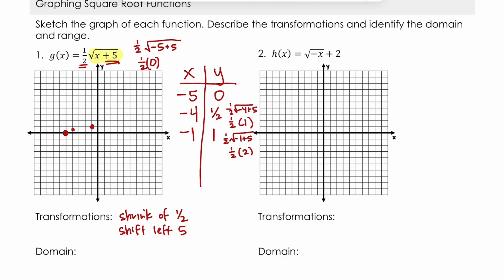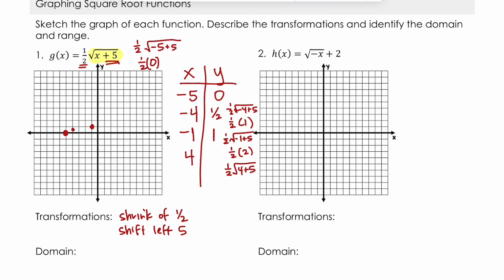So I've already said I can take the square root of 0. I can take the square root of 1. I could take the square root of 4. I could take the square root of 9. Okay. 9, in order to get that highlighted section to equal 9, I need to plug in 4 for x because 4 plus 5 is going to give me 9. So let's plug in that one.